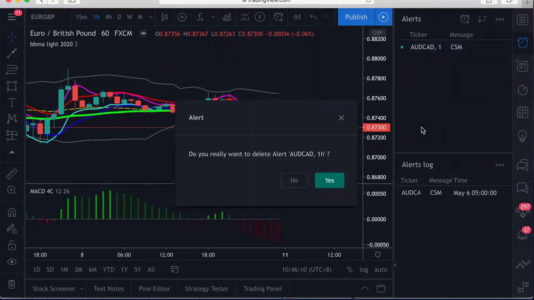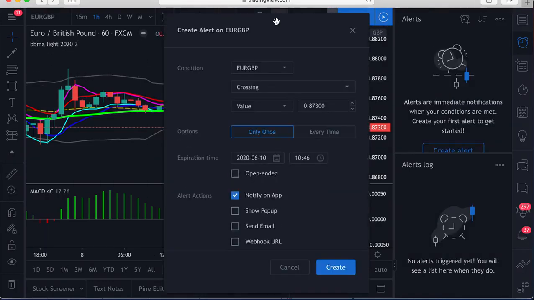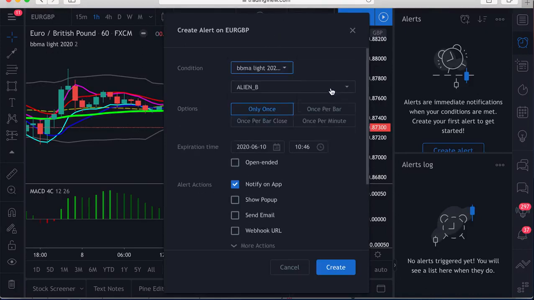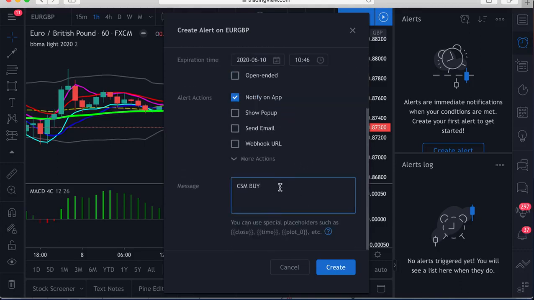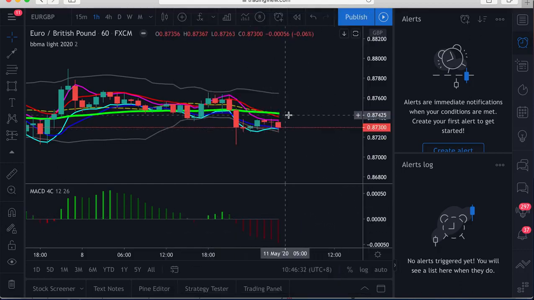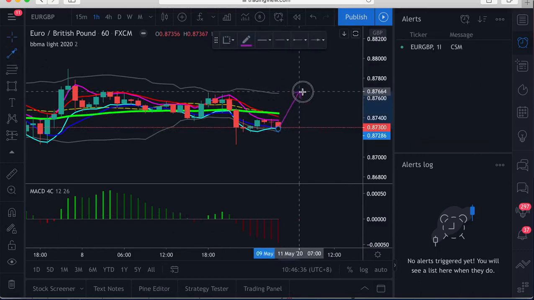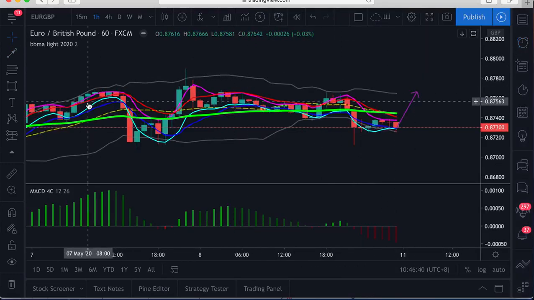Okay, so we remove the last week alert, and what we're going to do is add an alert for CSM buy. So we want to look for CSM buy at H1, and at the same time, you want to see the price close above the EMA 50 before we can take any trade. Okay, it's like close up here. So that's our first alert for this week.